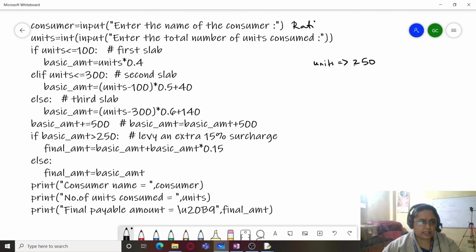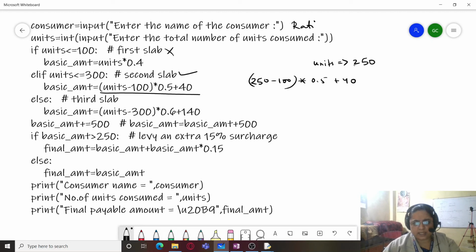Now we can say if units is less than 100, so this is not true. We'll come to elif. Is it less than 300? Yes, that means it falls within the second slab. So I have to calculate it using this formula, that is units minus 100. So units, that is 250 minus 100 multiplied by 0.5 plus 40.